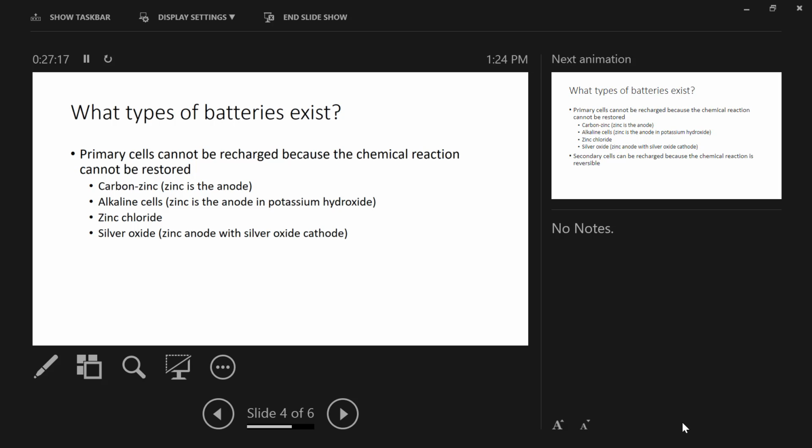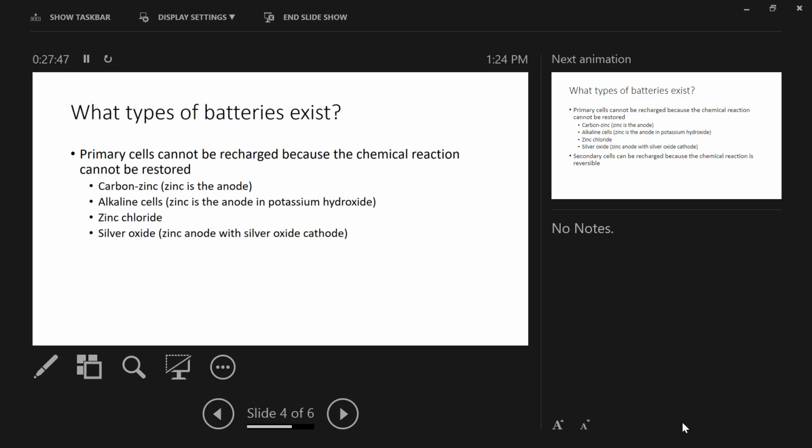Notice what's still our anode. It's still the zinc. Zinc anode with a silver oxide cathode. So silver is a metal, but when we make this compound silver oxide, it is not a metal. It's a metal with a non-metal, and it forms something that is electron hungry. It works as a great cathode, the part that accepts electrons.